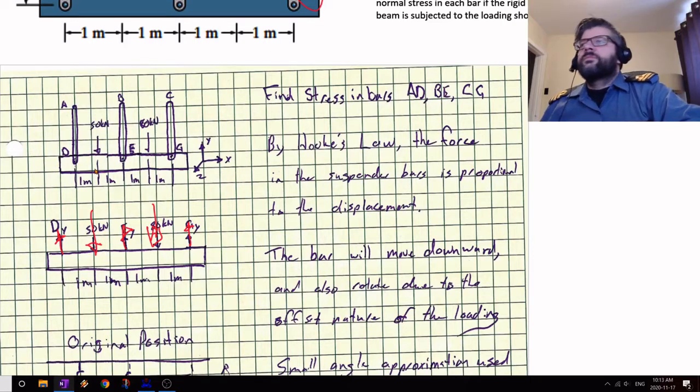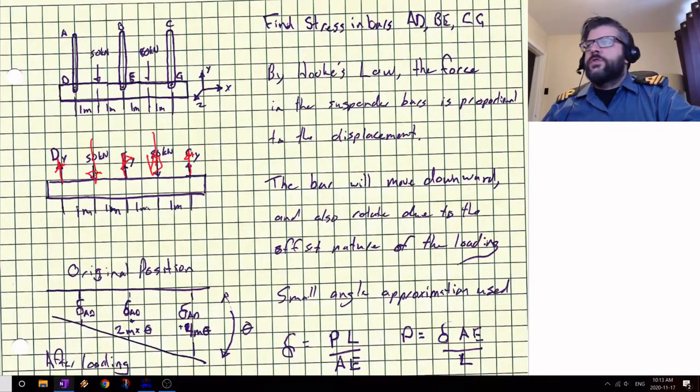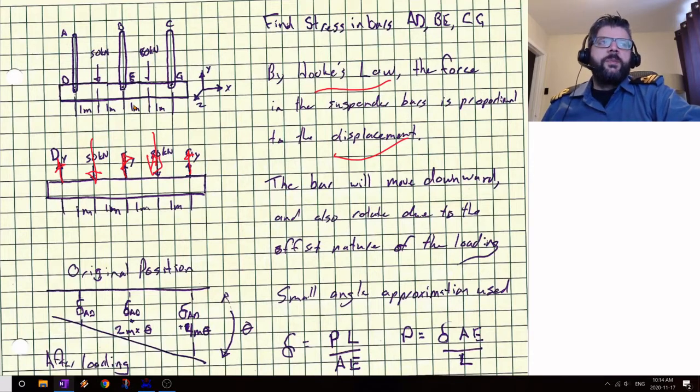Anyhow, so what we want to do first is find out the relationship between those forces. One thing we do know is that by Hooke's law, the force in each of the suspender bars is going to be proportional to the displacement. So when we pull down on these things, all the bars are going to move down at least somewhat.